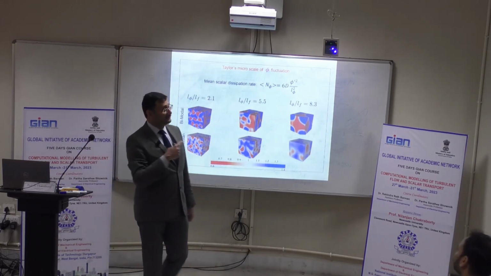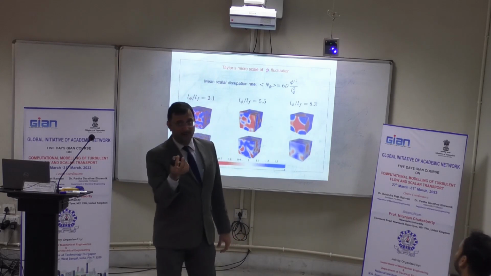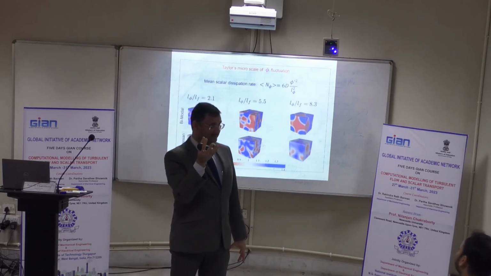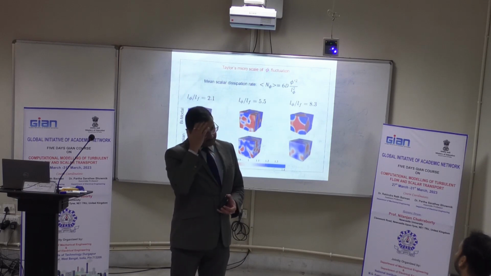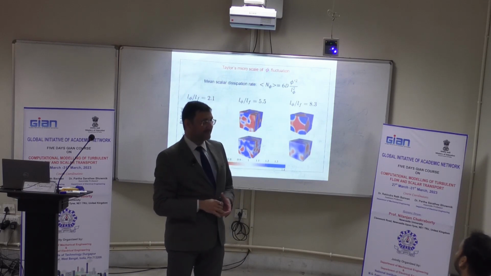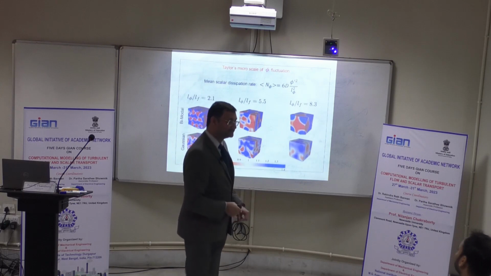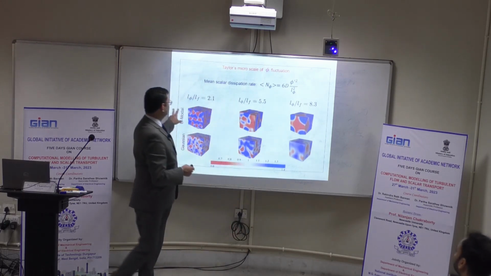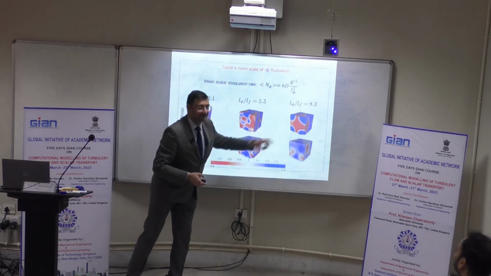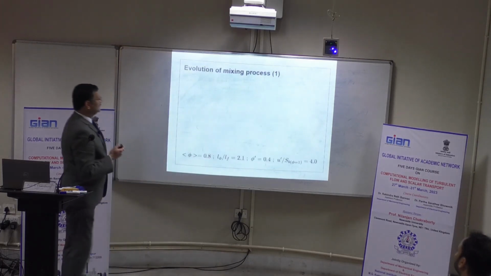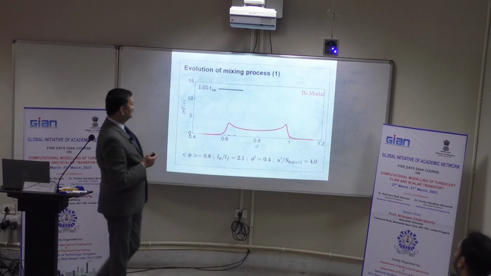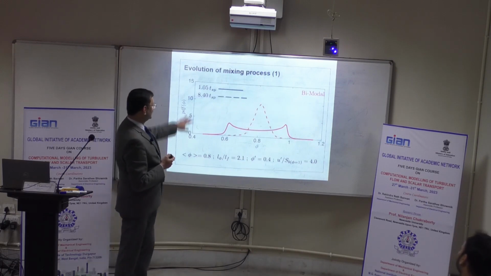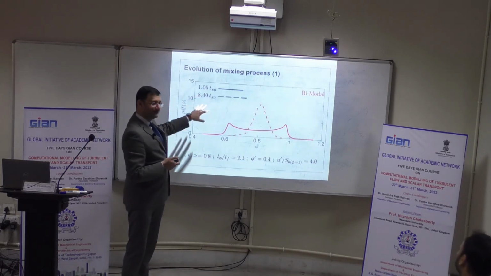So right at the beginning I told you, if you have a point source giving out the scalar, then you will have a Gaussian distribution. If they are completely separated from each other, then you will have a bimodal distribution. Evaluation of the mixing process, bimodal. Forget about the details for the time being, I have taken it from one of my simulations.